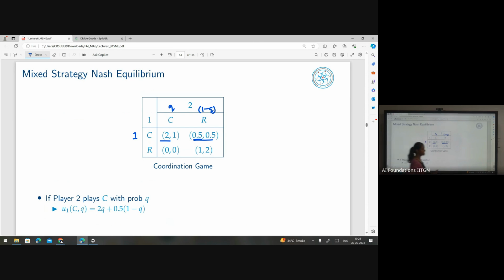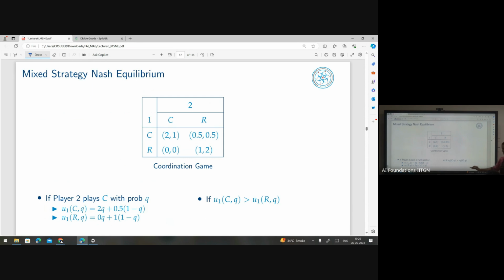The utility is going to be 2 times Q plus 0.5 times 1 minus Q. Similarly, if it fixes strategy R, if it's going to play strategy R with probability 1, again with Q and 1 minus Q over here, this is the utility, that is 0 times Q and 1 times 1 minus Q. Now, if U1 of C, Q is greater than U1 of R, Q, what will player 1 do?